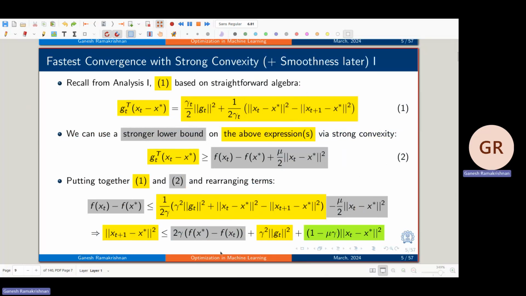But why not go for telescopic summing first? What's the problem? If I do the summation of norm x_t plus 1 minus x star squared, what would happen? See, there's a 1 minus mu gamma here, so we'll have a multiplication. Do you understand? Unlike earlier telescopic summings, something like 1 minus mu gamma will keep getting multiplied.